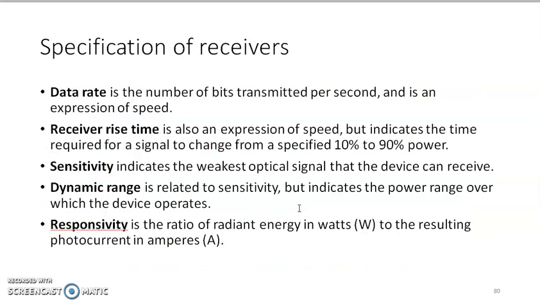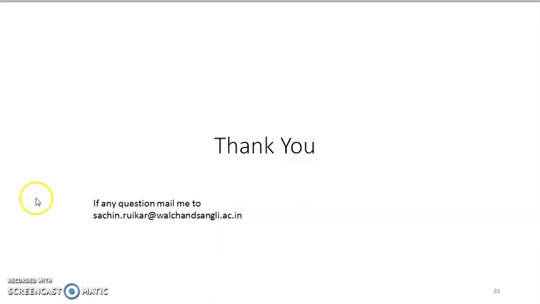Then we have a receiver, and the specification of a receiver depends upon the data rate, that is the rate at which bits are transmitted, then the receiver rise time, then the sensitivity to detect the minimum signal, then the dynamic range related to the sensitivity, and the responsivity, that is the power produced for a given particular signal. And that is about your optical receiver.